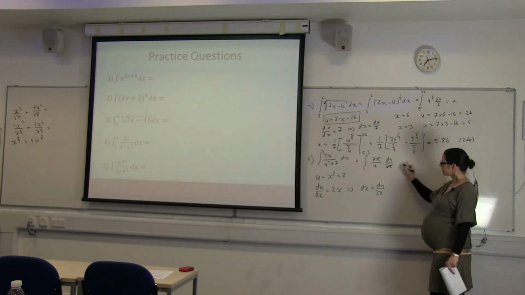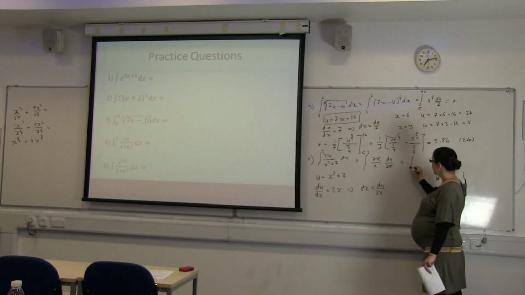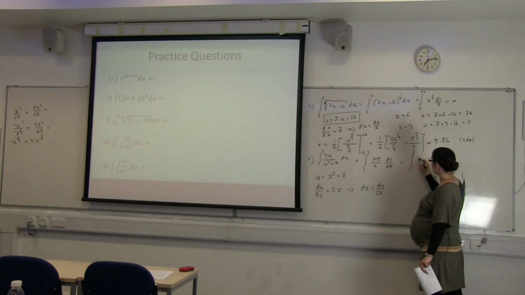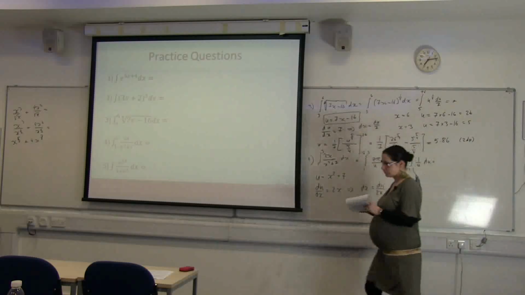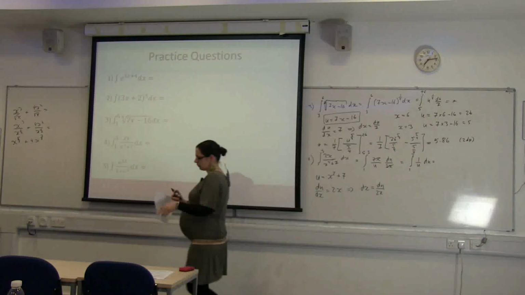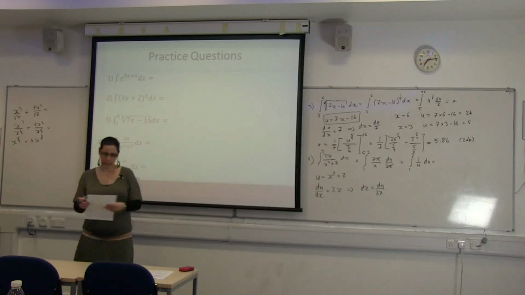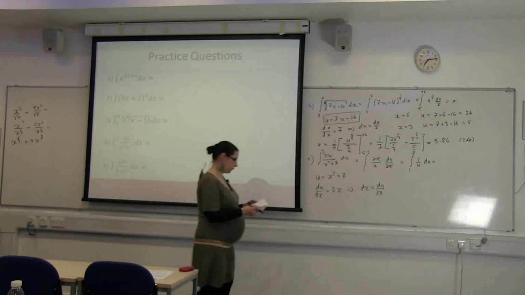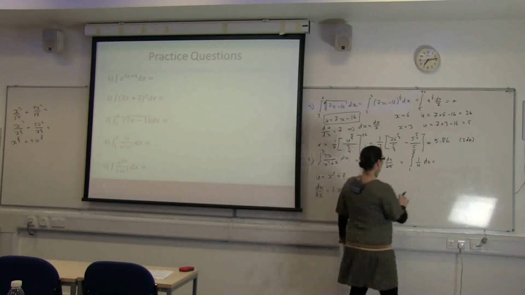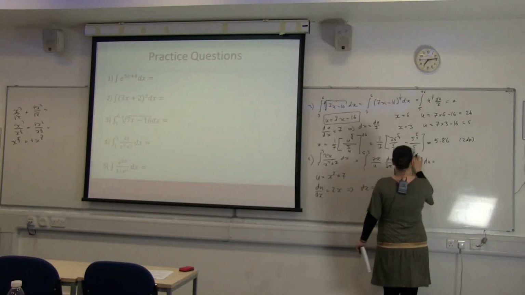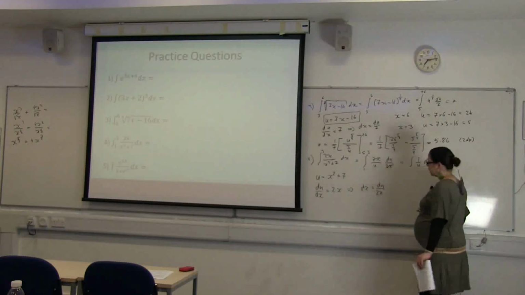Okay? So what I've got here is the integral from 1 to 3 of 1 over u du. Oops. Yeah, I need to find a new limit.